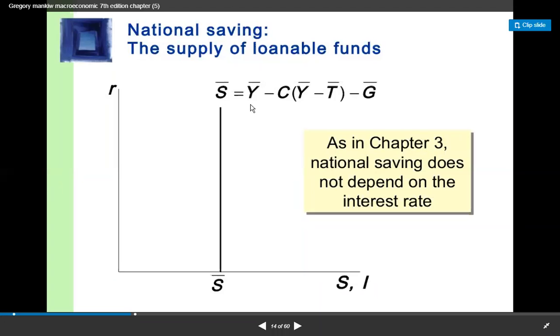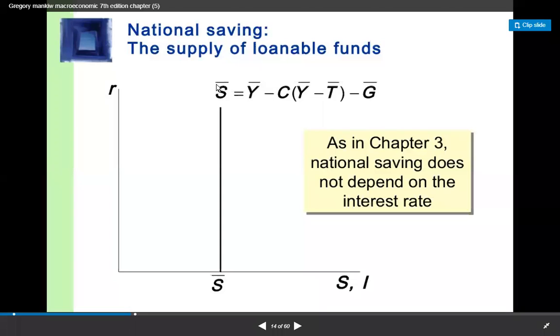Income is given. Consumption is given. Government expenditure is given. When we deduct consumption and government expenditures from the given output level, then definitely savings are given.